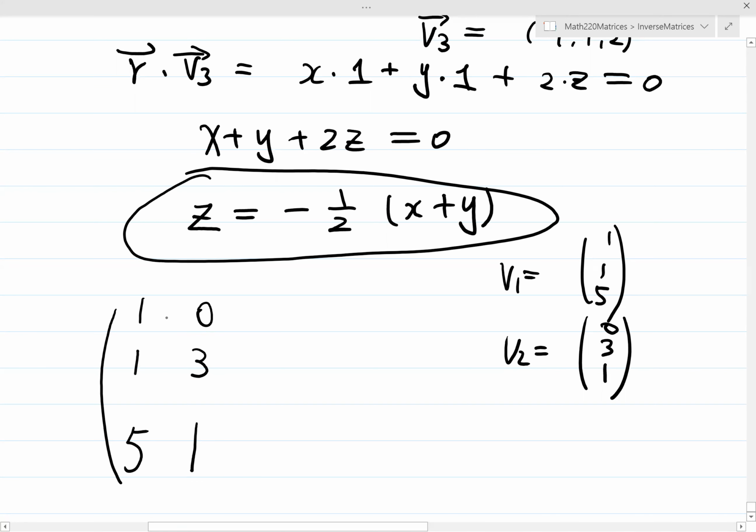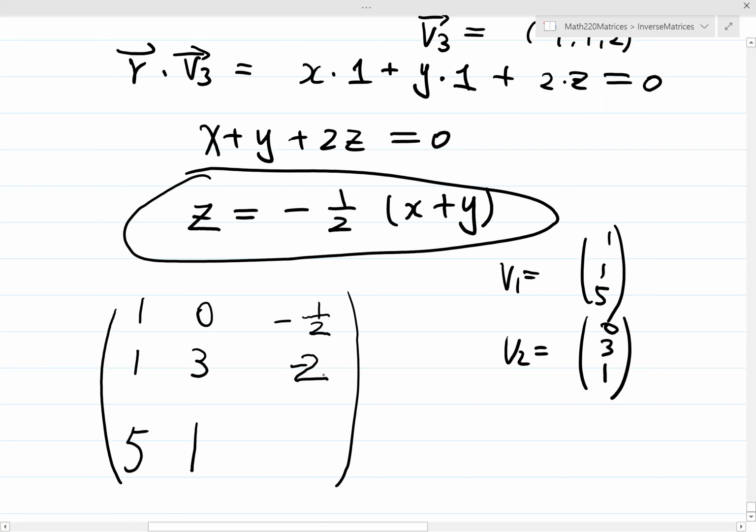Look at the first row, X is 1, the first entry, and the second entry is 0. So Z is negative 1/2 times 1 plus 0, which is negative 1/2. Now the second column, 1, 3. X is 1, Y is 3, so Z is negative 1/2 times X plus Y, so it's negative 2.